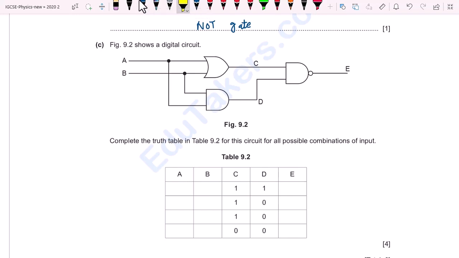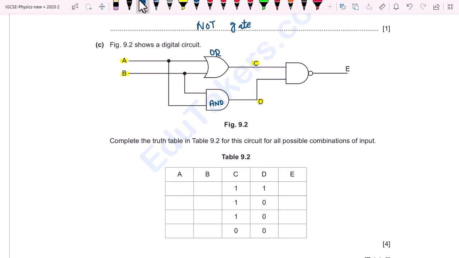You can see here is a circuit and inputs are A and B. Both of these input combines to give this gate and the output of this gate is C. Also these two inputs combine and give this gate whose output is D. You can see from here that this symbol is for OR gate and this symbol is for AND gate. The output of OR gate is C while the AND gate is D.